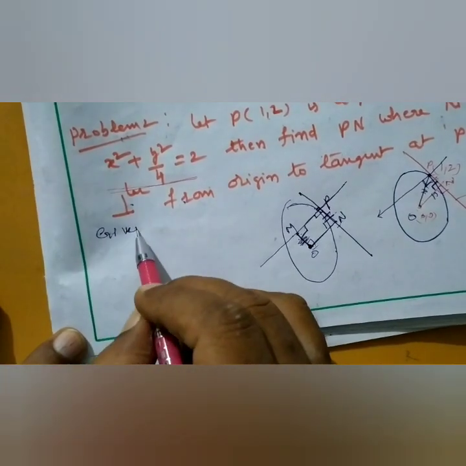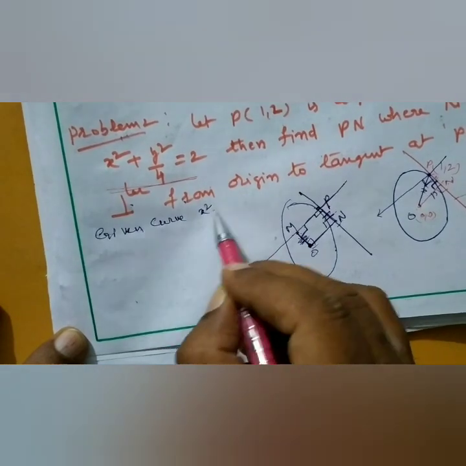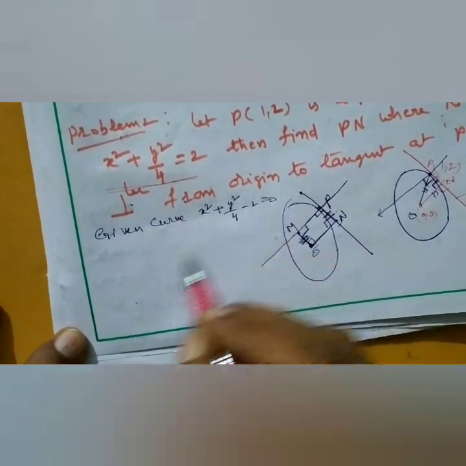Given curve is x square plus y square by 4 minus 2 is equal to 0.